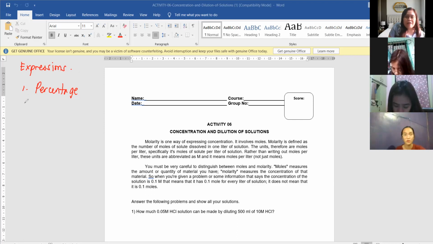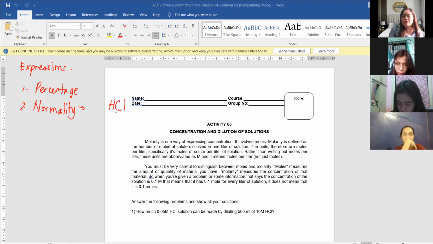Now we also have other expressions like normality. If we will have our face-to-face class, you will see in a laboratory example, the chemical formula of the compound HCl, tapos may nakalagay, example, the number and the capital letter N. That capital letter N there is called normal or normality, and that is the concentration of the solution.